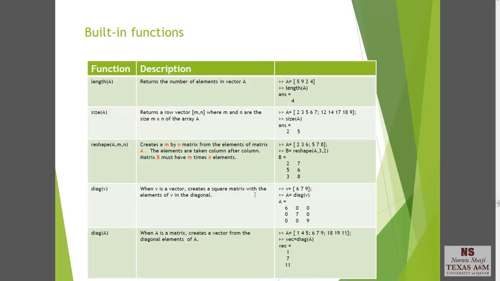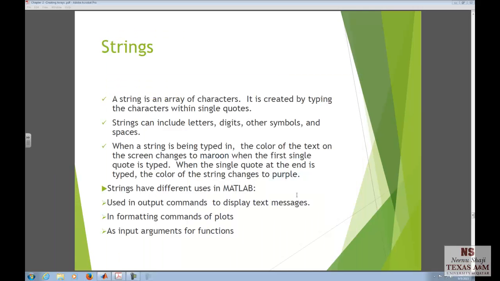It creates a square matrix with the elements of V along the diagonal. We can also use it to extract the diagonal elements from a matrix. So A is a matrix, and when you say diag of A, you get the diagonal elements 1, 7, and 11.